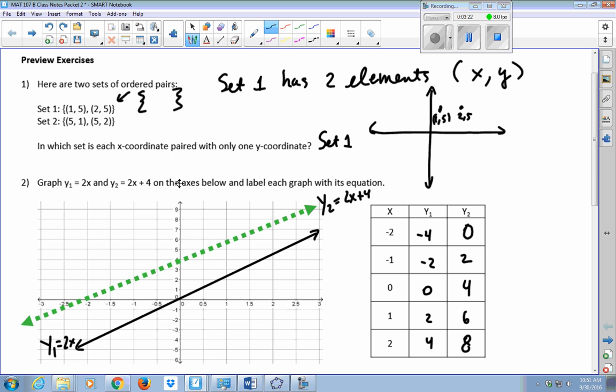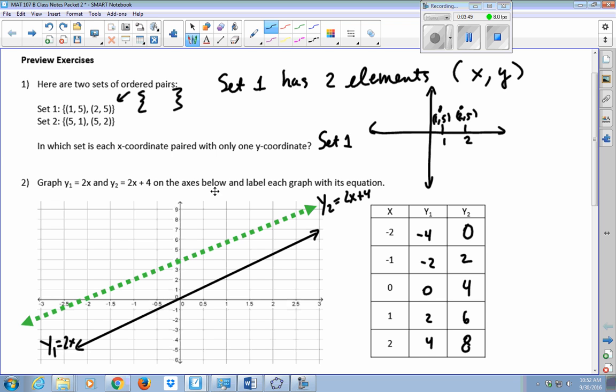So you can see here that we have 2 different x values, and each x value is paired with one and only one y value. It happens to be the same y value. There's no rule saying it can't be the same y value, but 1 clearly knows its identity. 1 knows it's 5. 2 happens to have the same identity, 5.